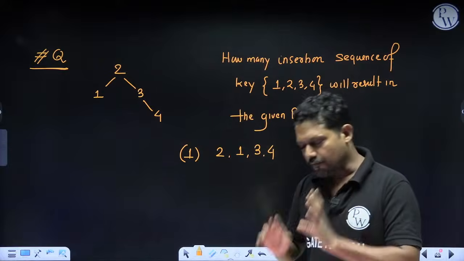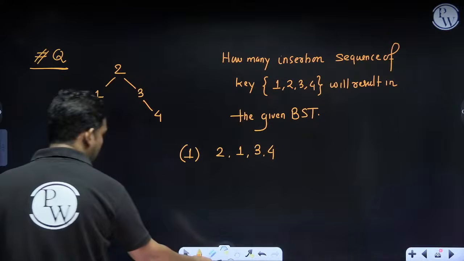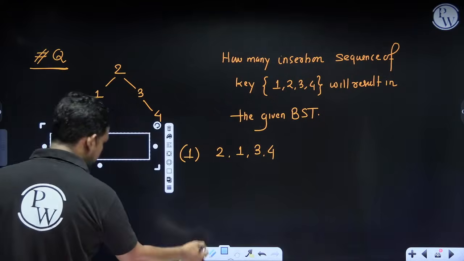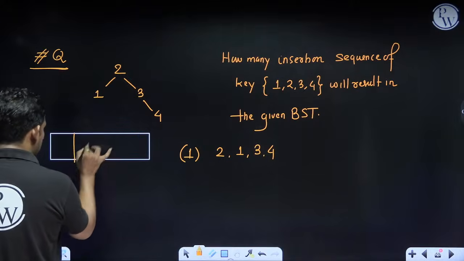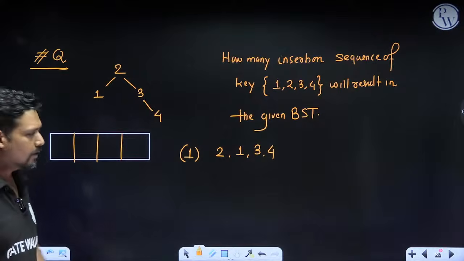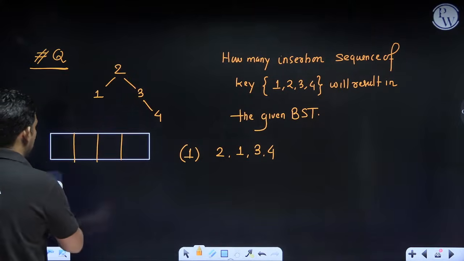So the first position. Let's put some mathematics into this. Mathematics I know you don't like, but we have to do this. For the first element, there are 4 positions, and 2 is the first one.